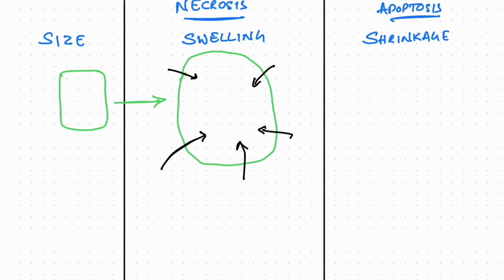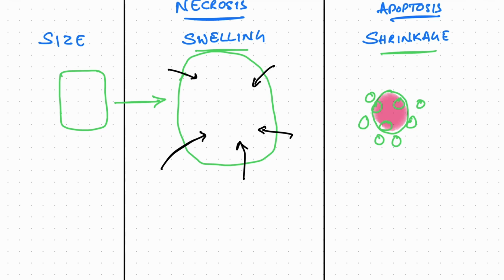The cell shrinks. The cytoplasm becomes dense and eosinophilic, and the cell eventually breaks up into small apoptotic bodies. So, necrosis is associated with cell swelling, while apoptosis is associated with cell shrinkage.